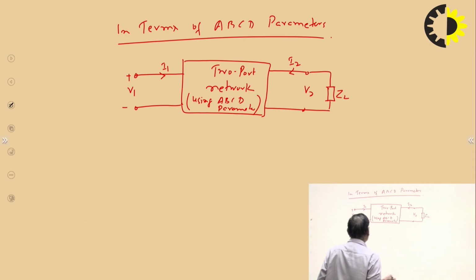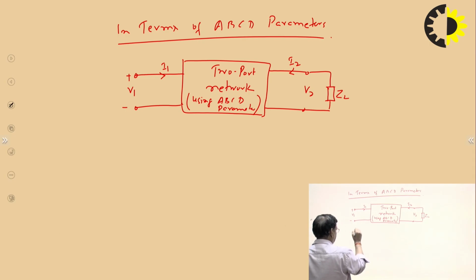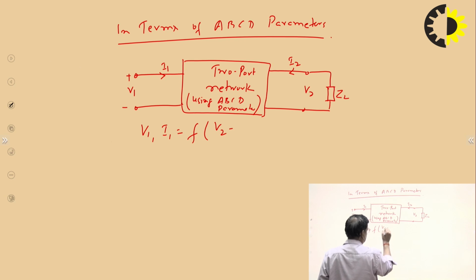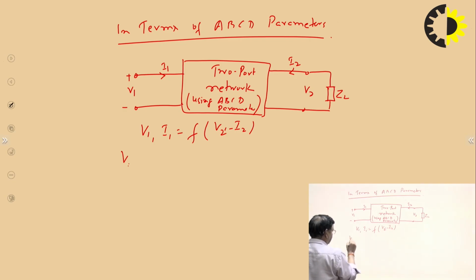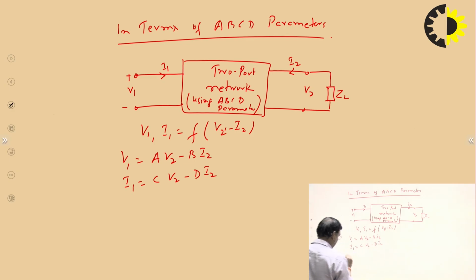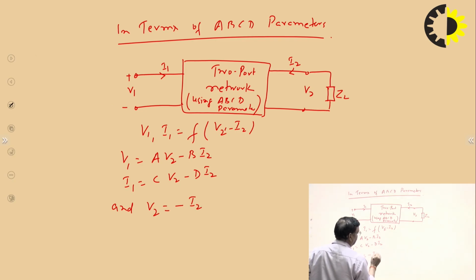When we use ABCD parameters, V1 and I1 are functions of V2 and minus I2. So we can write V1 is A V2 minus B I2, and I1 is C V2 minus D I2, and V2 is minus I2 ZL.